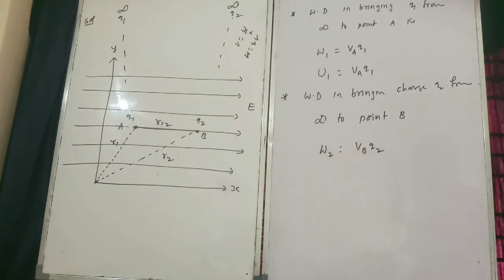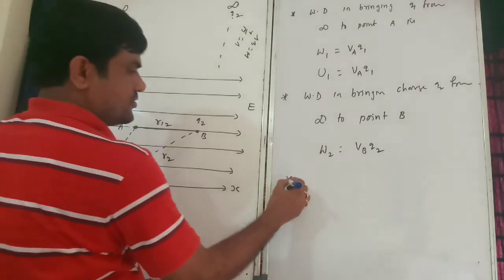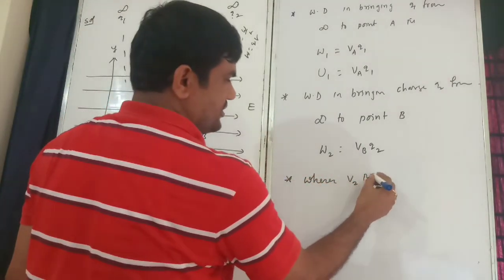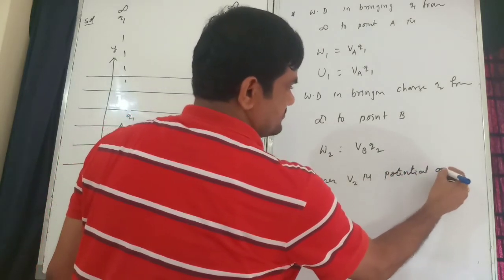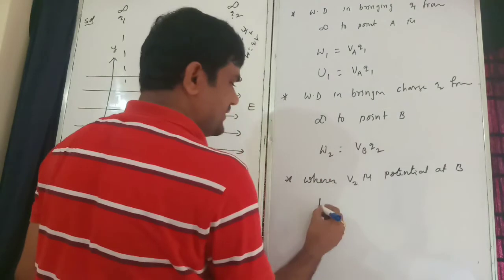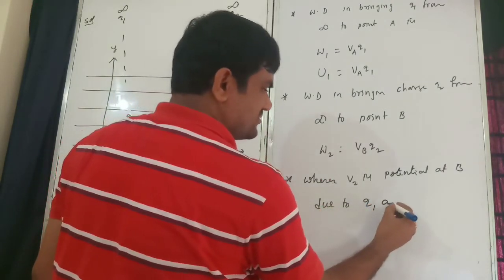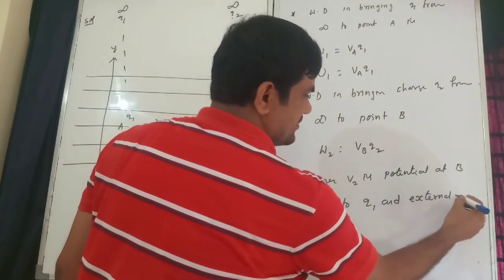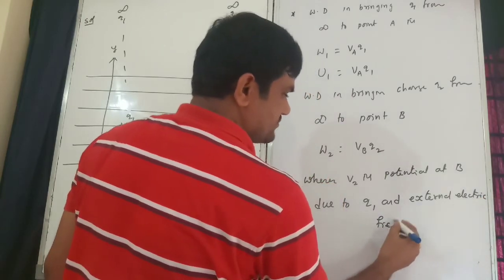V2, Q2. Then what is the meaning of V2? V2 is the potential due to Q1 and the external electric field.